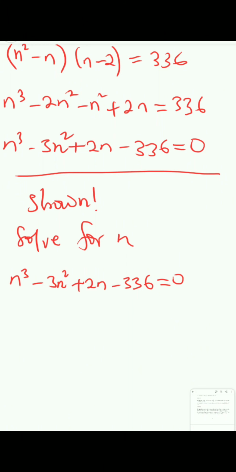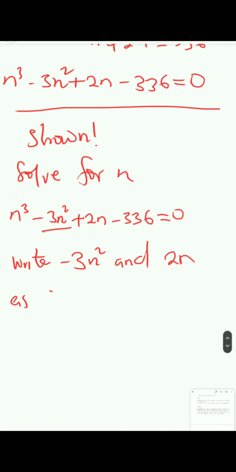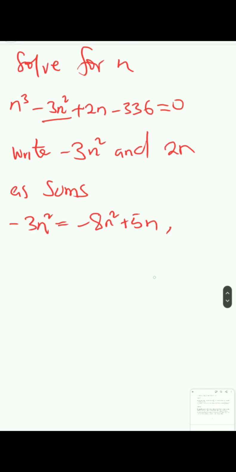Here, the two terms in the middle, negative 3n squared and positive 2n, will be written as sums, meaning we have to look for numbers that can be added to give us negative 3n squared, and also numbers that can be added to give us positive 2n, so that it can be easily factorized. So negative 3n squared is the same as negative 8n squared plus 5n squared.